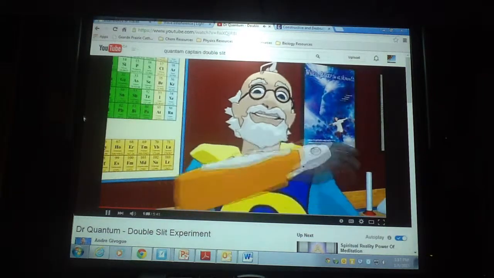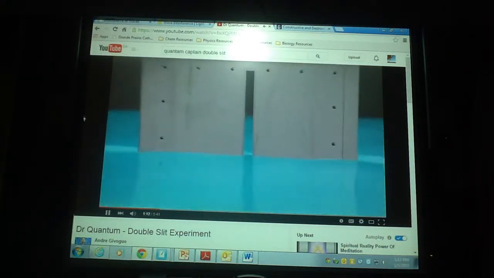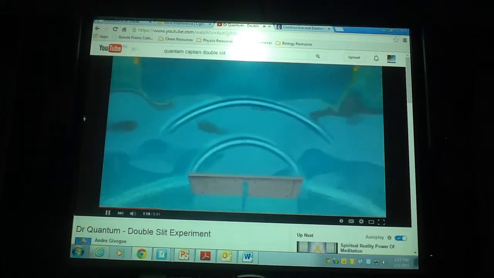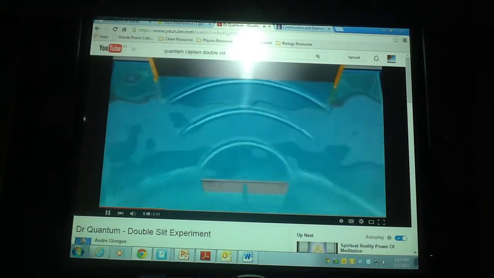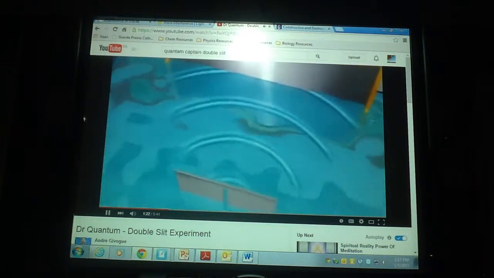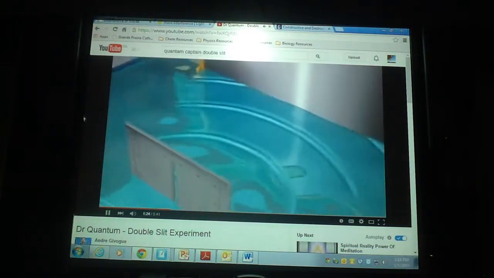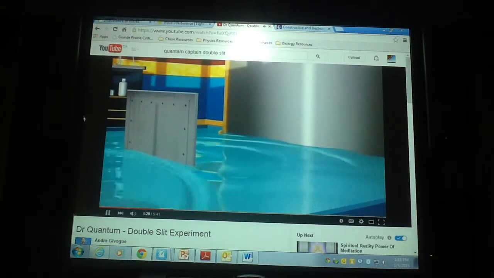Now, let's look at waves. The waves hit the slit and radiate out, striking the back wall with the most intensity directly in line with the slit. The line of brightness on the back screen shows that intensity. This is similar to the line the marbles make.